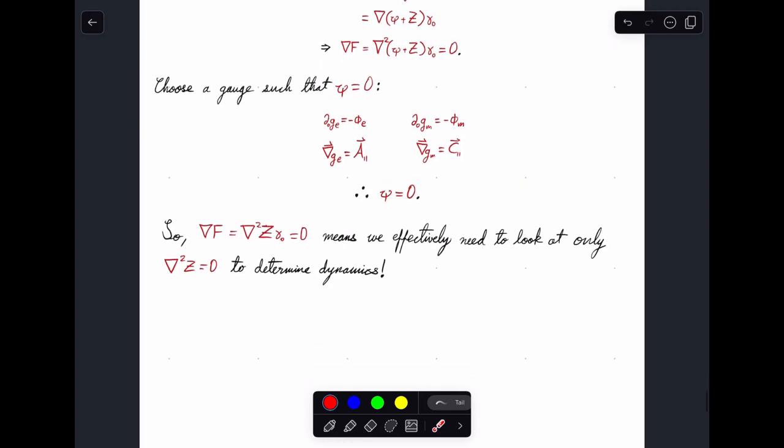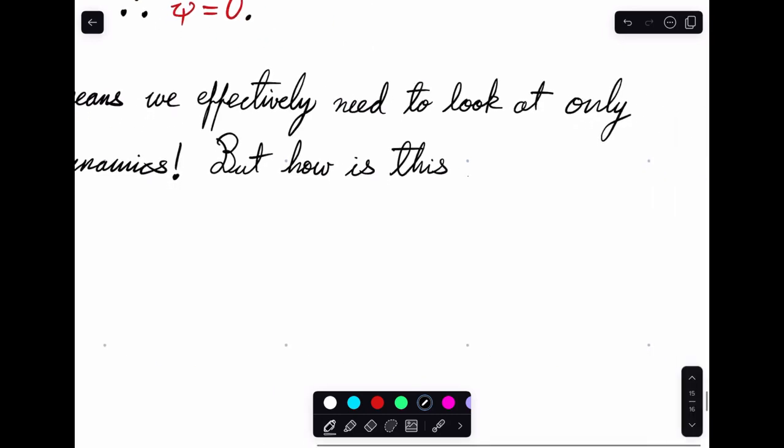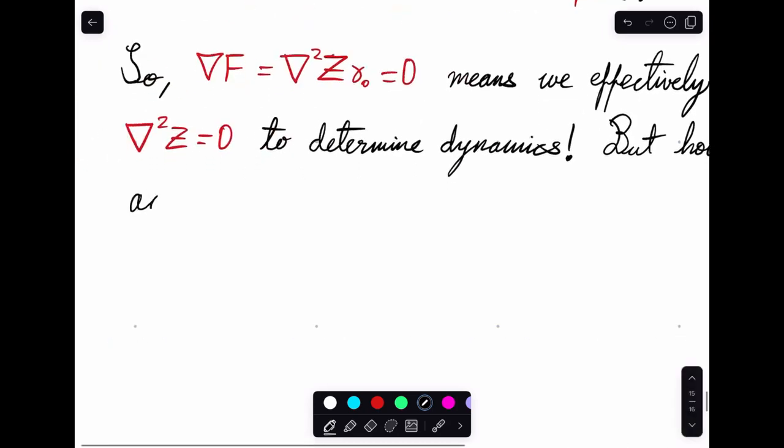But how, let's see, but how is this related to actual fields?